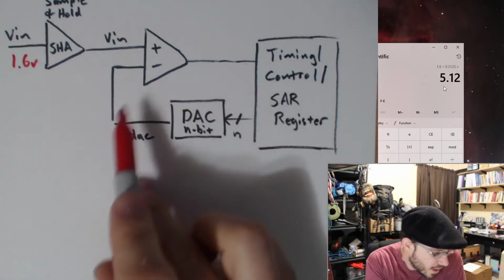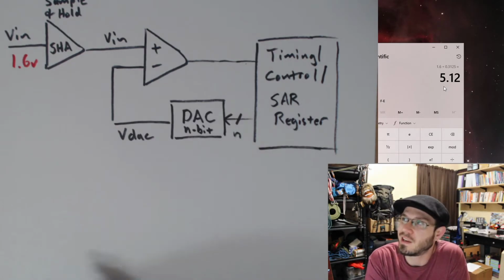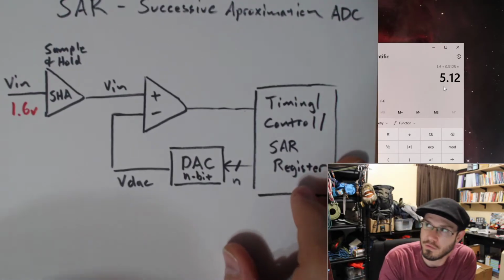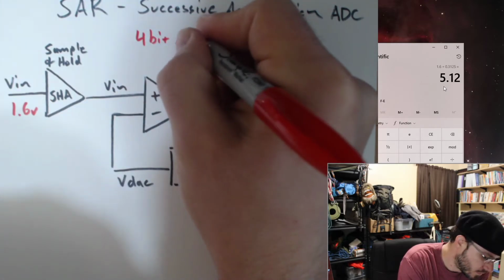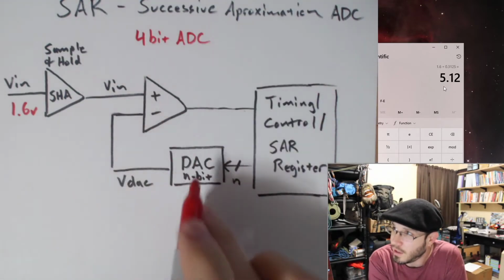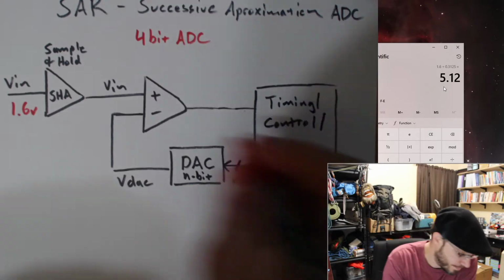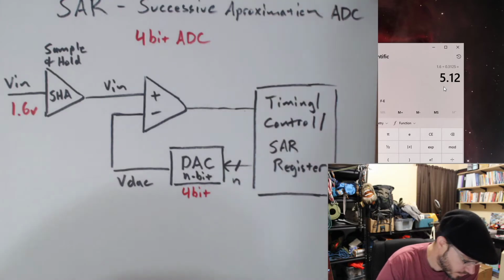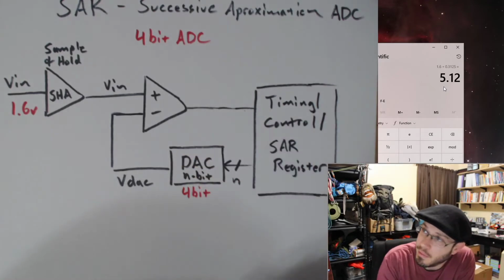And since I'm not going to want to spend all day here performing this conversion, I'm going to assume a 4-bit analog digital converter. With a 4-bit analog digital converter, hopefully it's not a surprise, we're going to use a 4-bit DAC. And that means we have 4 digital wires feeding the input to this DAC.